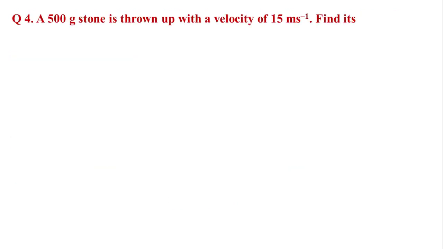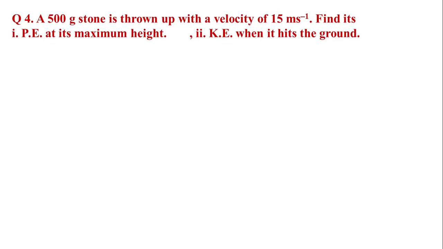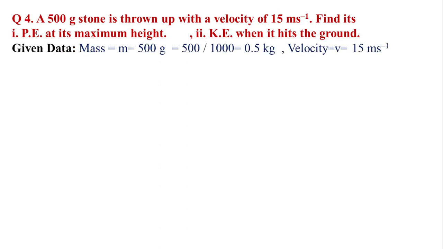Now, question number 4. A 500-gram stone is thrown up with the velocity of 15 meters per second. Find its potential energy at maximum height and kinetic energy when it hits the ground. So, given data, mass of body m is equal to 500 grams.